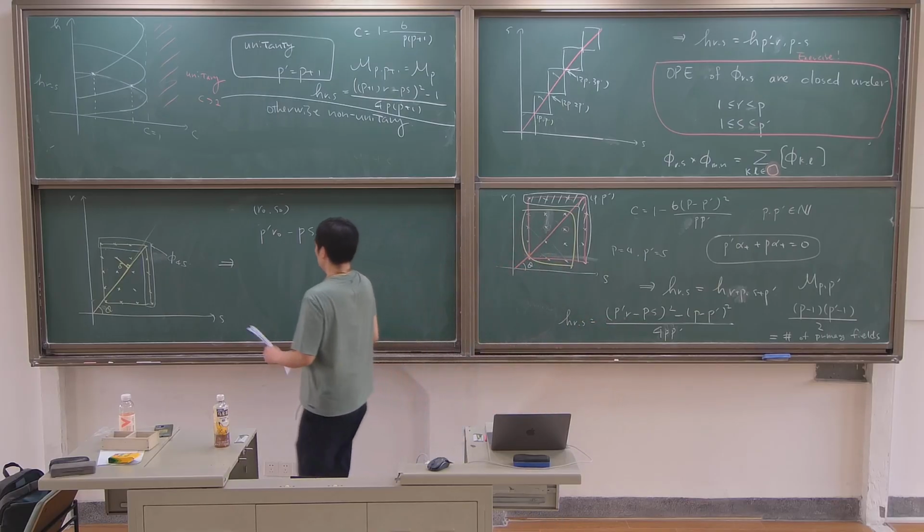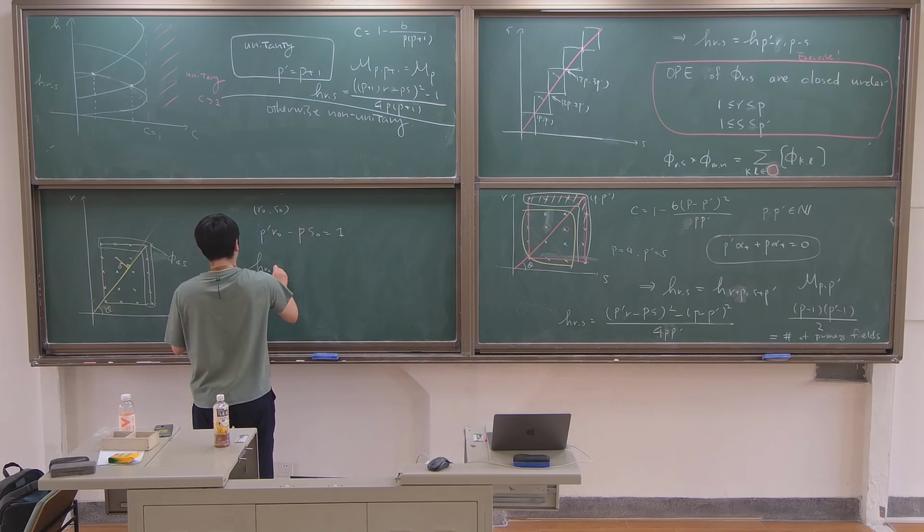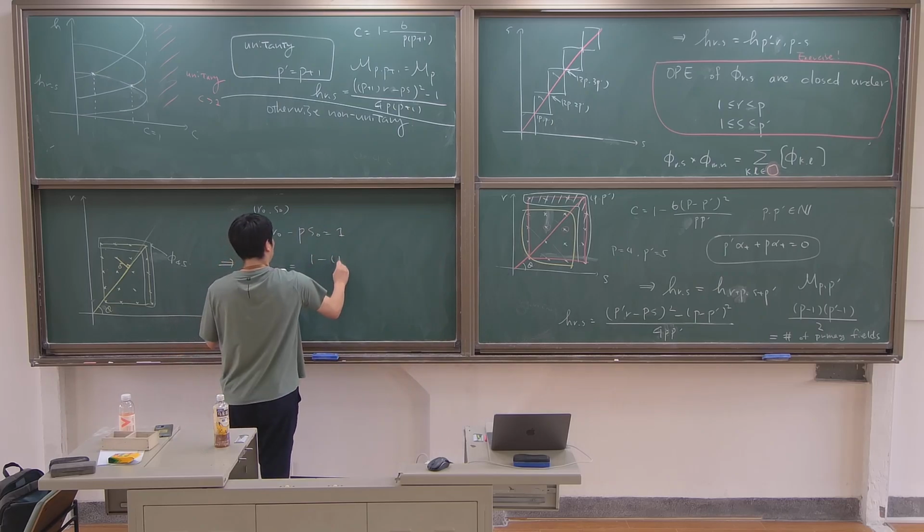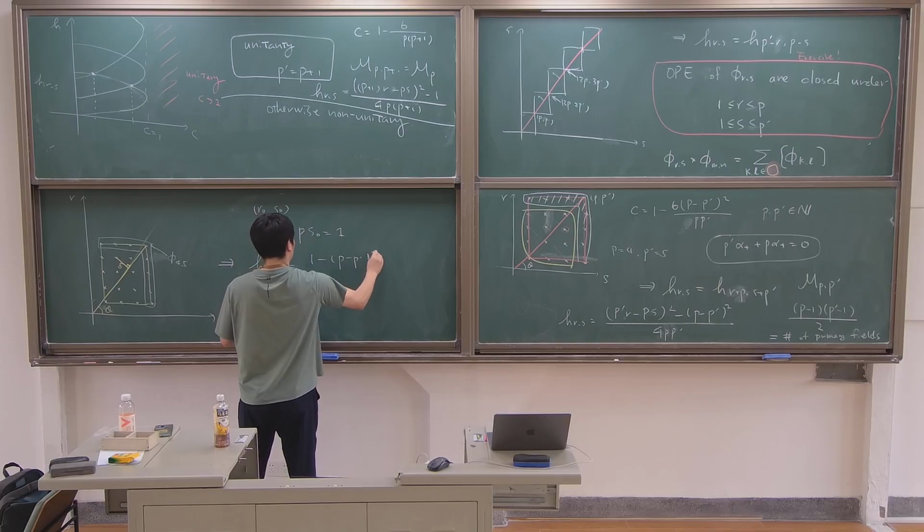Therefore, H of R0, S0 is equal to 1 minus P prime squared, divided by 4P prime.